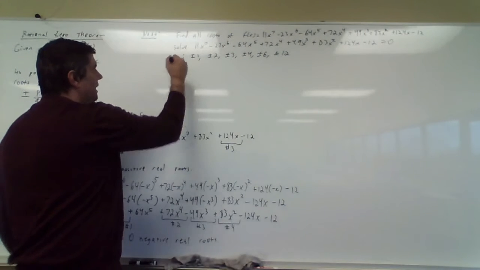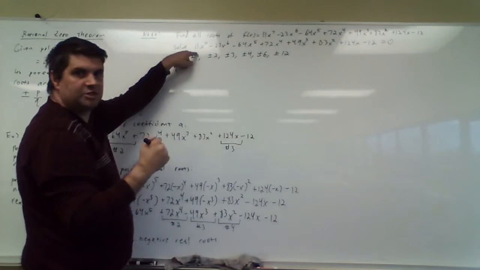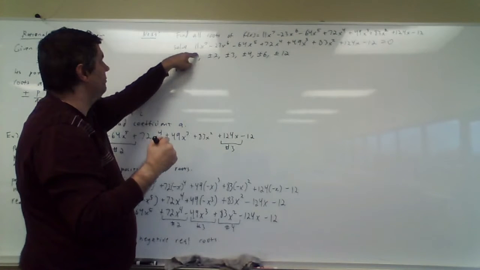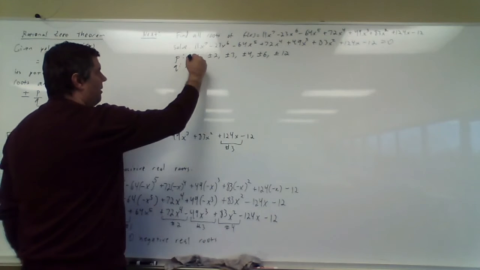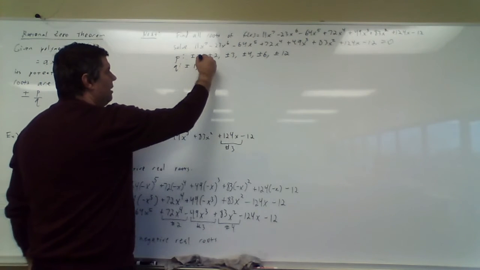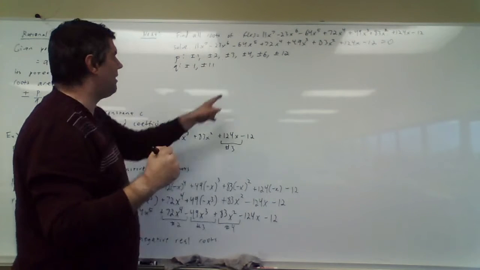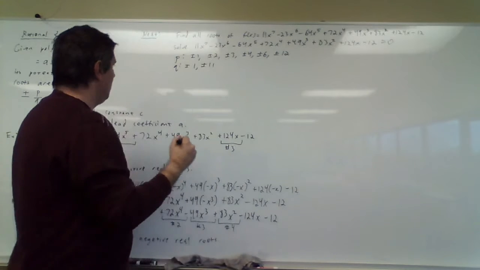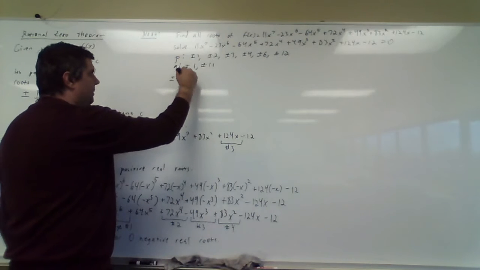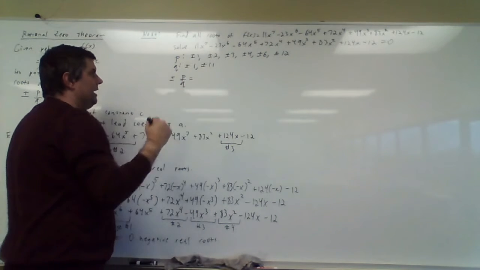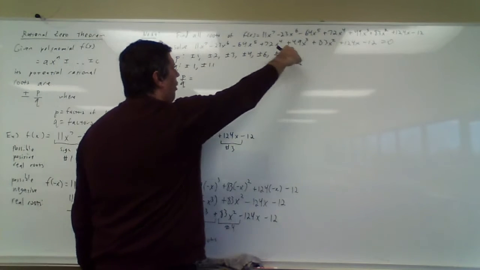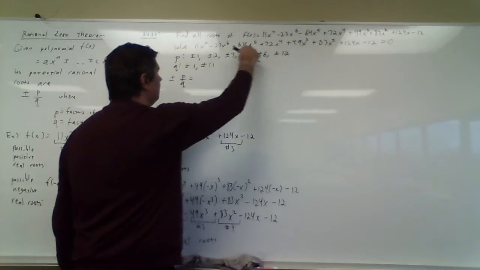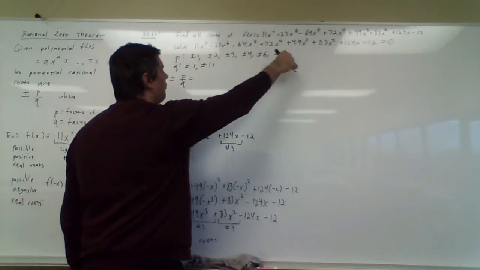Q is all my factors of the lead coefficient 11. The factors of 11 are plus or minus 1, plus or minus 11. So plus or minus P over Q is equivalent to all these over 1 and all these over 11.